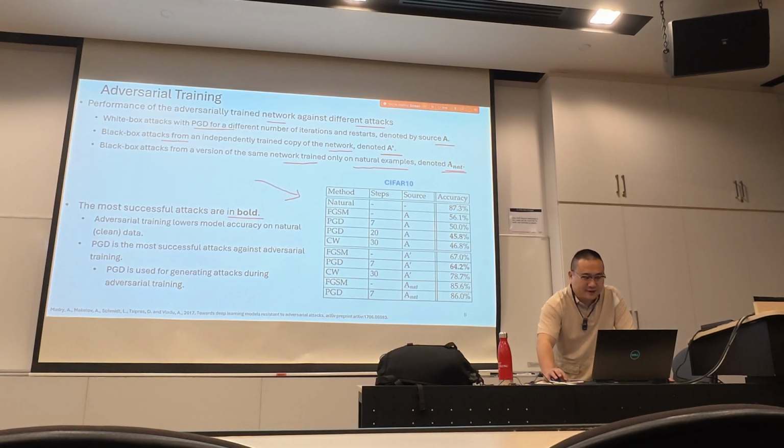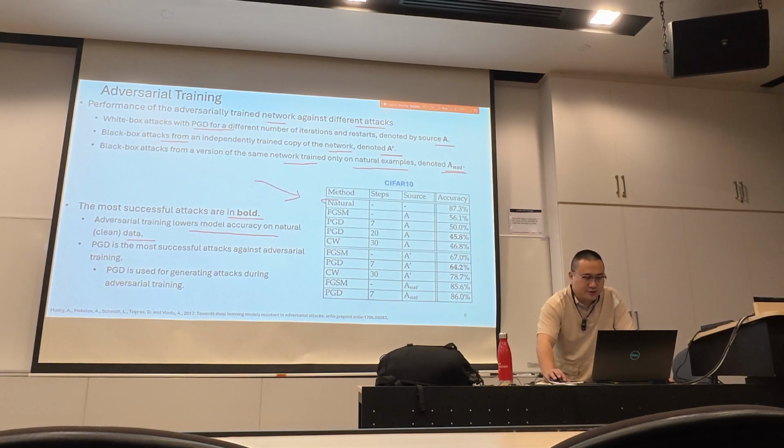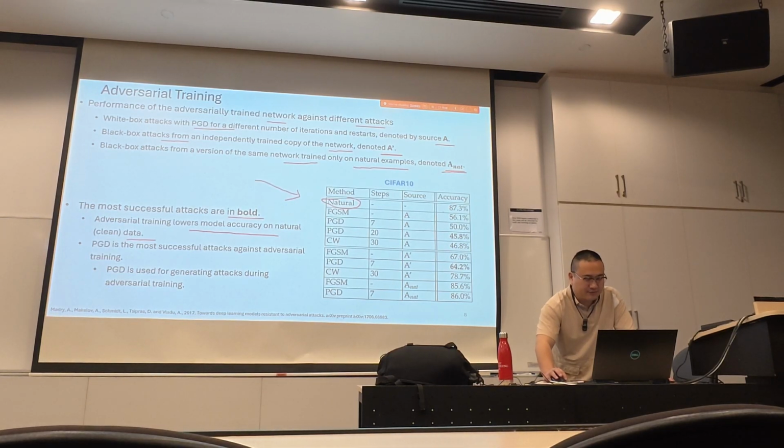We can observe that the thorough training lowers the model accuracy on natural clean data. If we evaluate the thoroughly trained models on natural images, we have a decrease in the accuracy.